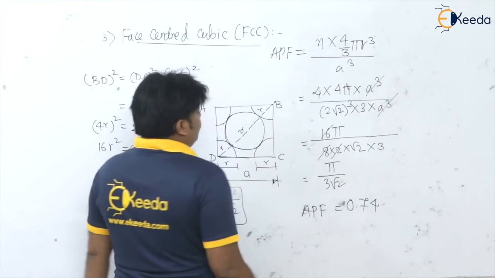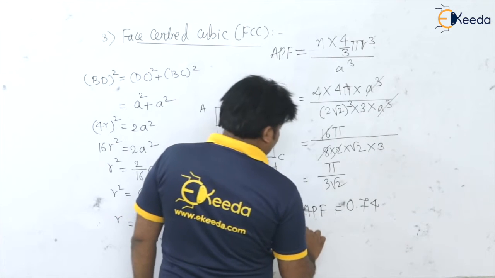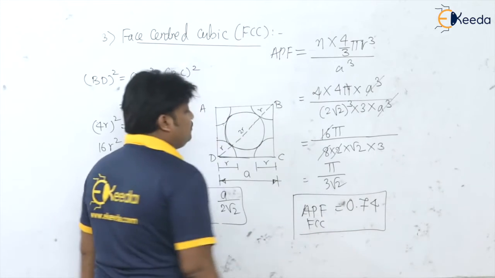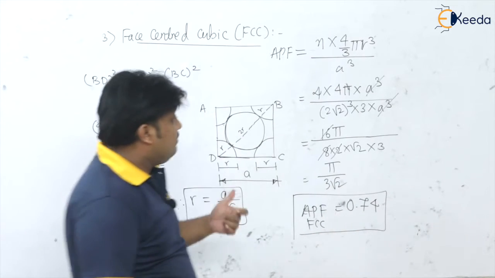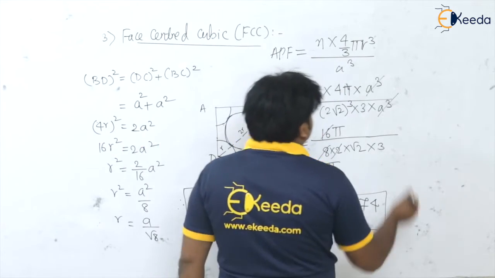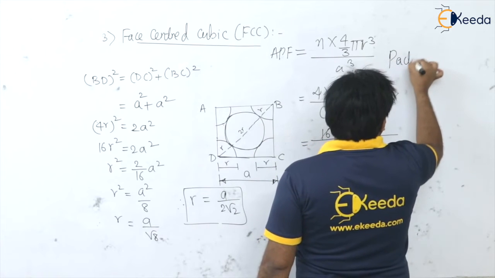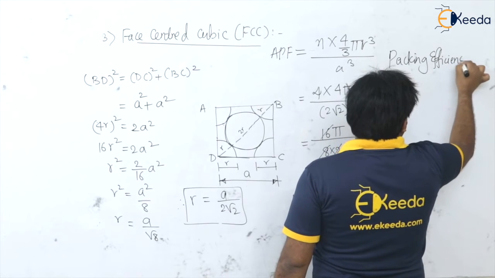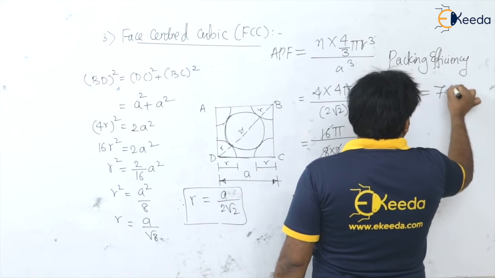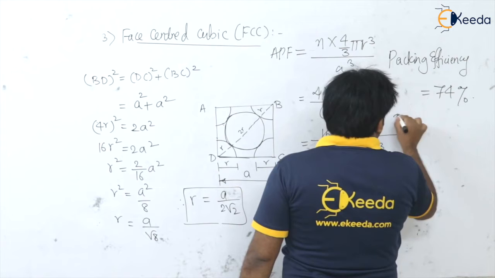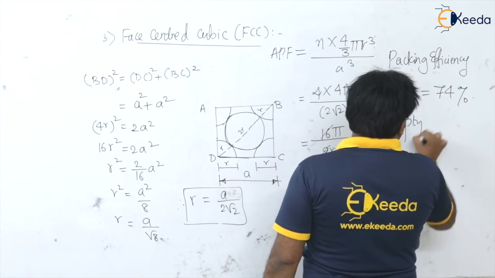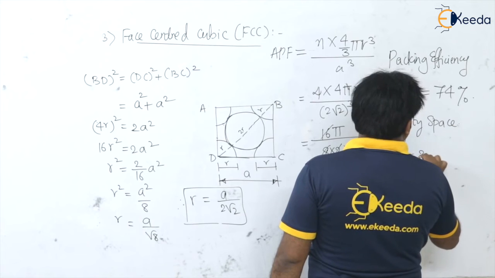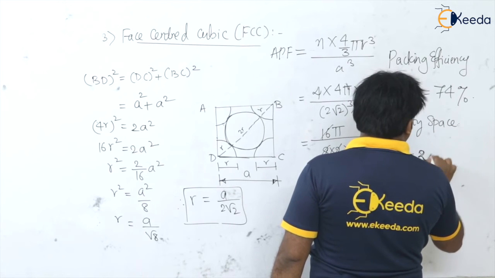0.74. So the atomic packing factor for the FCC structure is how much? 0.74. And what is the packing efficiency for FCC? 74%. And what is the empty space? Empty space is 26%.